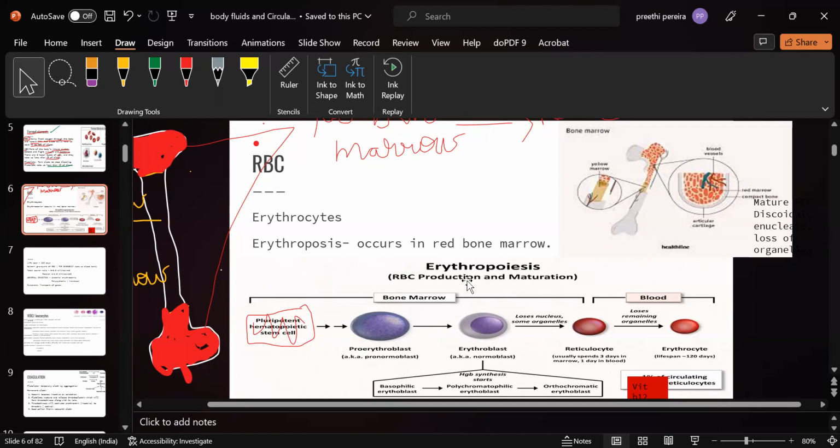So we are studying about it. Erythropoiesis कैसे होता है? ये proerythroblast कहाँ रहता है? यहाँ पर, red bone marrow में. This one transforms itself, it changes into another cell that is known as erythroblast. ये भी कहाँ होता है? Bone marrow में. ये है proerythroblast, ये change होकर बन गया अभी erythroblast.